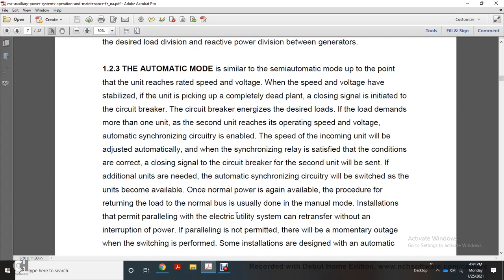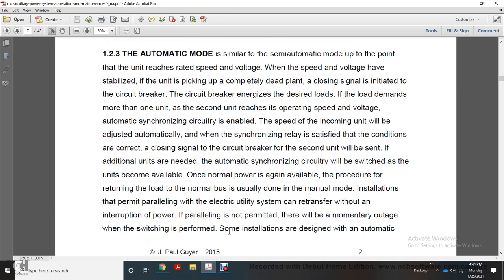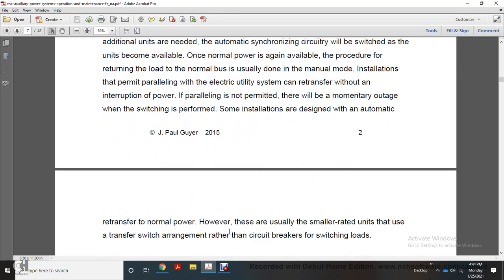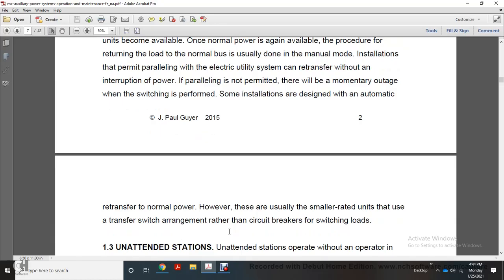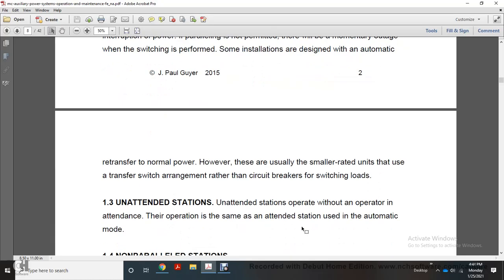If the installation permits paralleling with the electrical utility system, the transfer can be made without interruption of power. If paralleling is not permitted, there will be a momentary outage when the switching is performed. Some installations are designed with an automatic retransfer to normal power. However, these are usually small rated units that use a transfer switch arrangement rather than circuit breakers to switch loads.